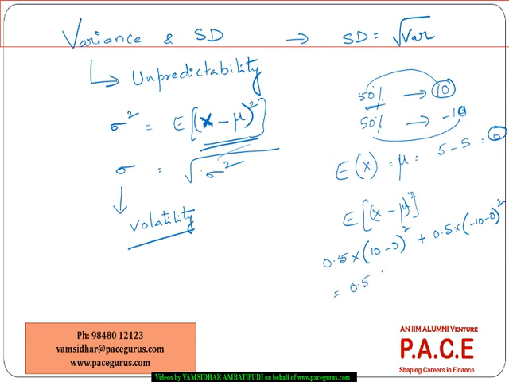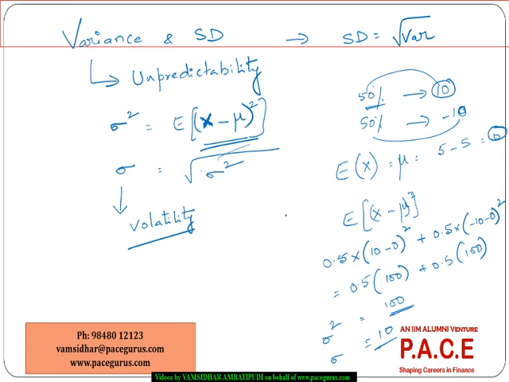So 0.5 times 100 plus 0.5 times 100, which is working out to 100. So my variance is going to be 100, and the standard deviation is going to be the square root of that, which is going to be 10.